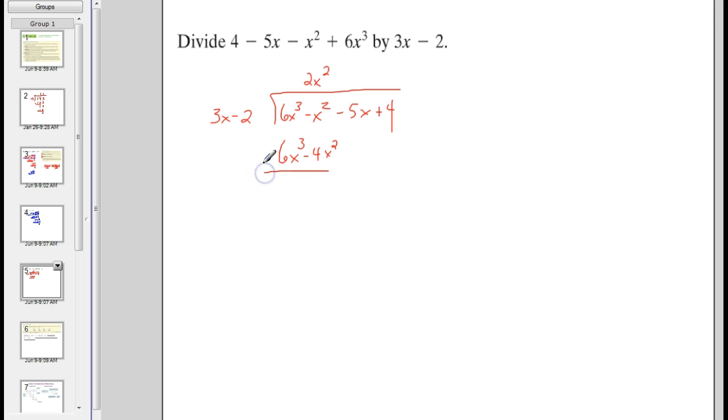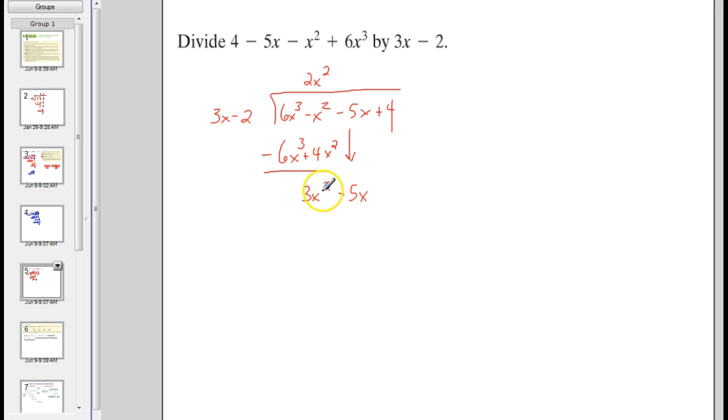Alright, and then change your sign, so this becomes a minus, this one will become a plus. These cancel. Negative x squared plus 4x squared is a positive 3x squared. And that's subtraction, so the next step would be bring down the next value. 3x squared minus 5x. What do I multiply 3x by to get 3x squared?